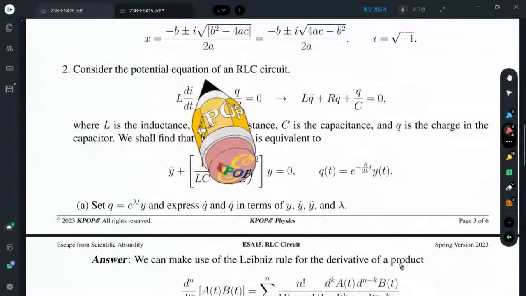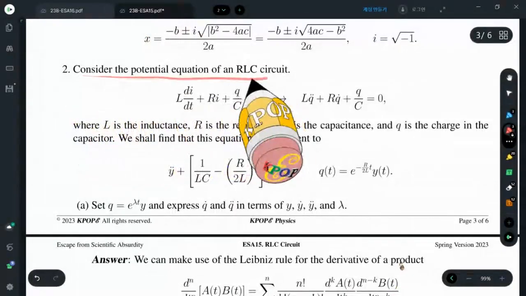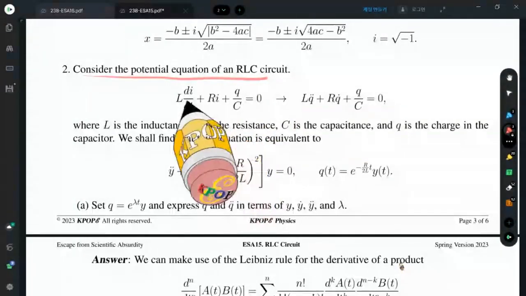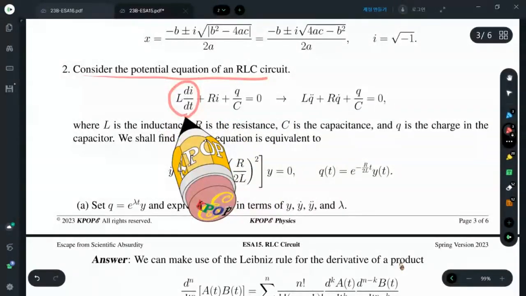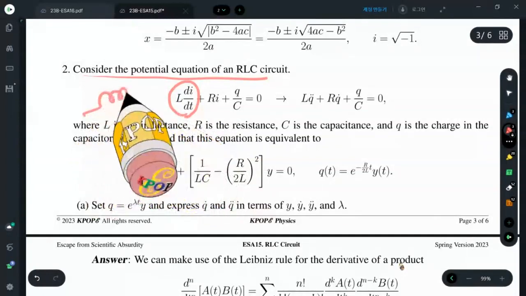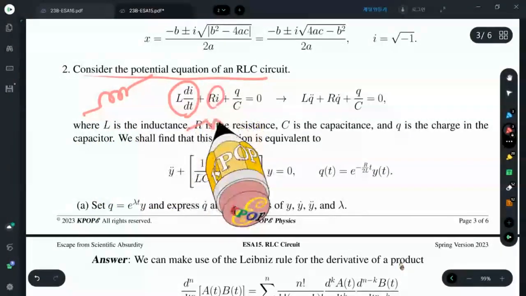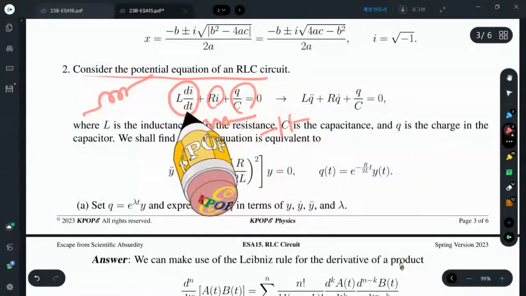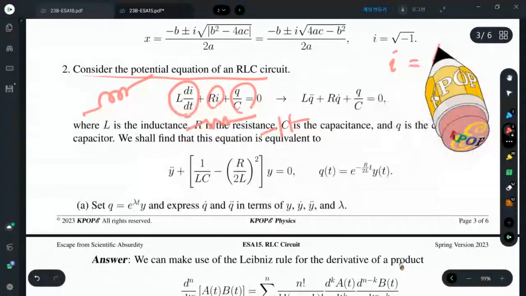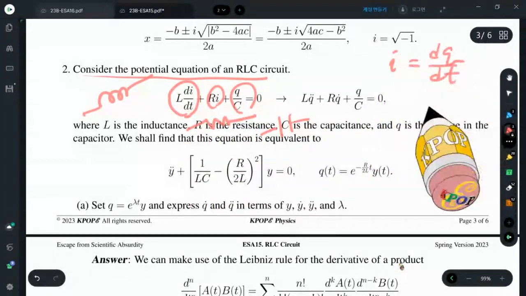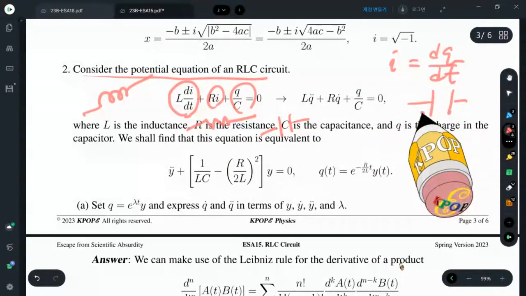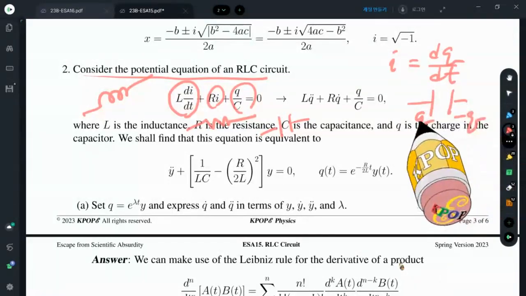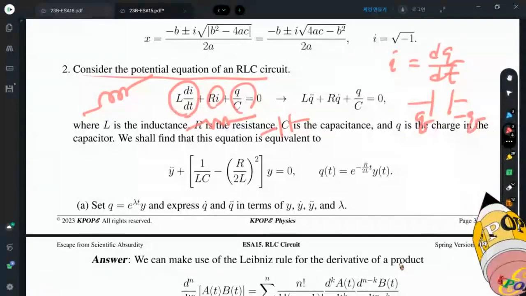Let us consider the potential equation of the RLC circuit. This is the potential applied to the inductor, resistor, and capacitor. We find the current is the derivative of the charge saved inside a capacitor, and the two plates of a capacitor always have opposite signs.